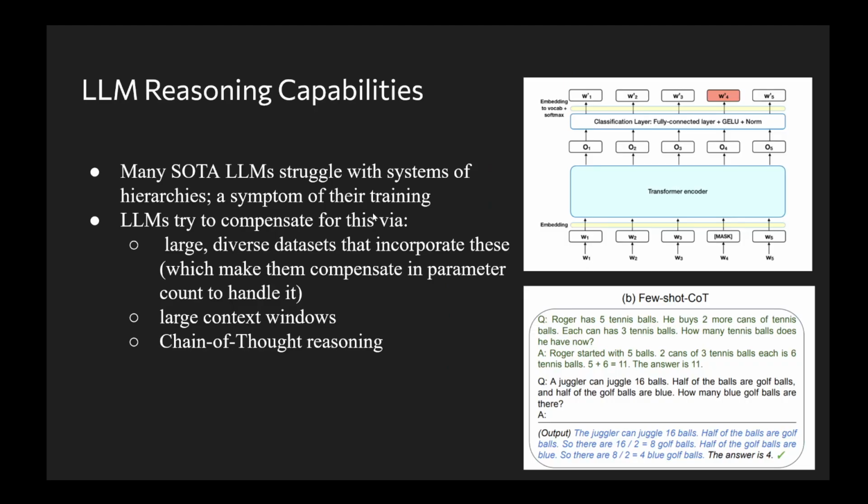Now, to dive deeper into this, essentially, these state-of-the-art large language models struggle with these systems of hierarchies, and it's a symptom really of their training. Many of these encoders and embedding models are trained using masked training objectives, where they use the surrounding context to predict the masked word or token, like I have on the right, BERT here.